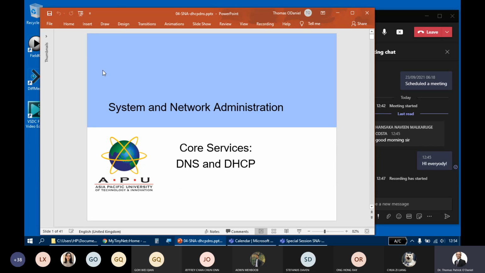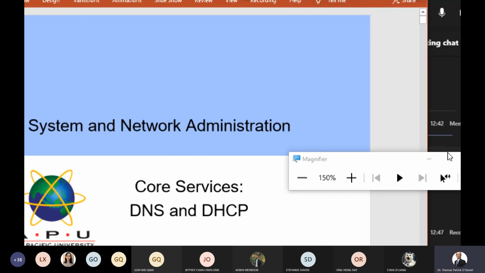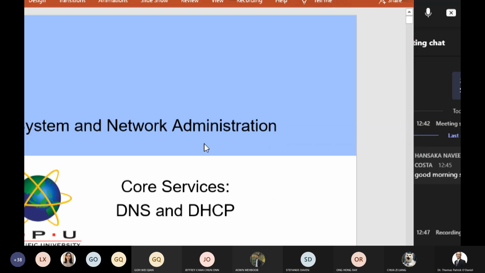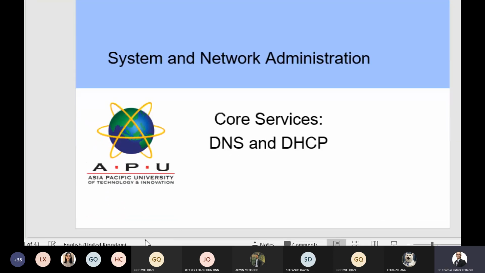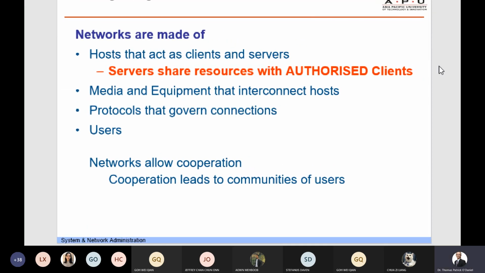So, two core services for the network. And again, we're exploring this because these are the services that we use on a daily basis. Right? And since we are focused on system and network administration, we need to understand how this works. So we saw this before.